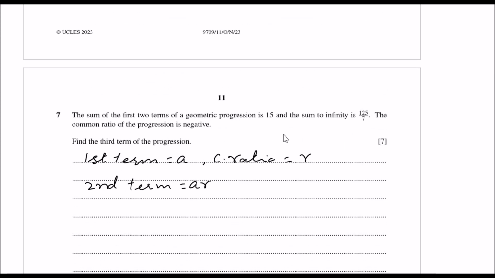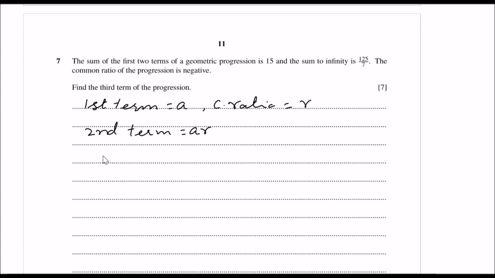Now the question says that the sum of the first two terms is 15. So we write A plus AR equal to 15. This is equation 1.